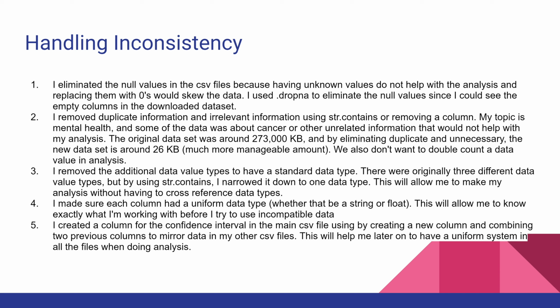This allowed me to know exactly what I was working with before I try to use incompatible data. I created a column for the confidence interval in the main CSV file by creating a new column and combining 2 previous columns to mirror data in my other CSV files. This will help me later on to have a uniform system in all the files when doing analysis.